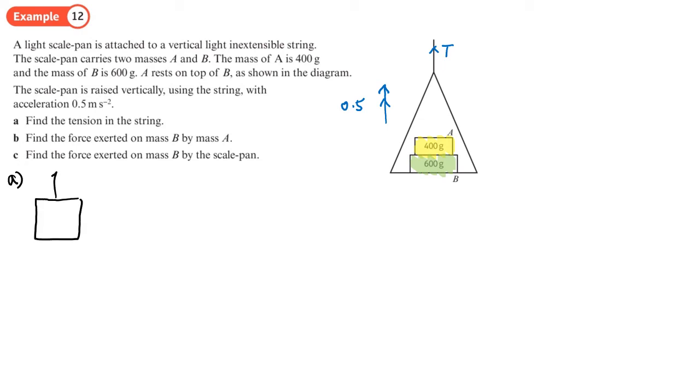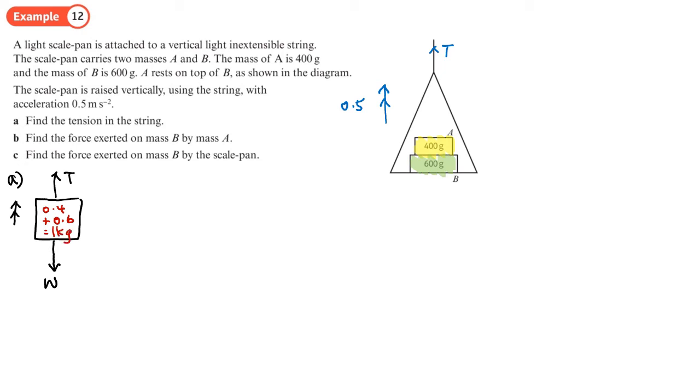I want to find the tension here. I'm going to have the combined, the total weight here. It's accelerating in this direction, and I want to find T. Now I can do that because if I put both of the masses together, the 400 grams and 600 grams, I will get 1 kilogram.